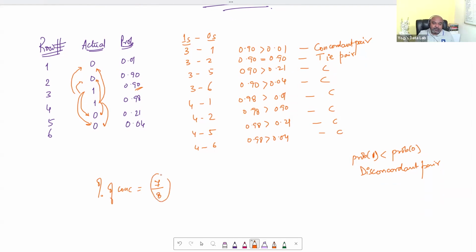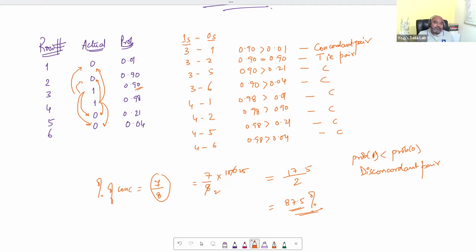So what is the percentage? 7 by 8 multiplied by 100 gives 87.5%. Whenever I'm getting 87.5% over here, it means that the model is good.